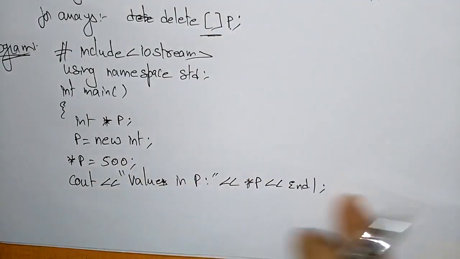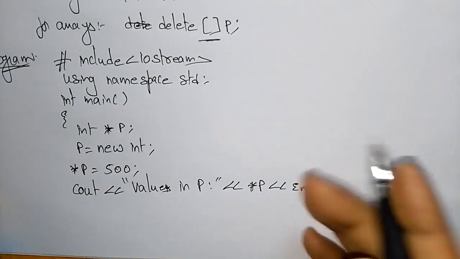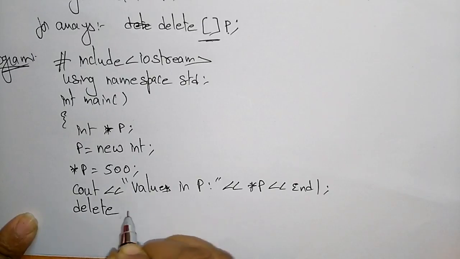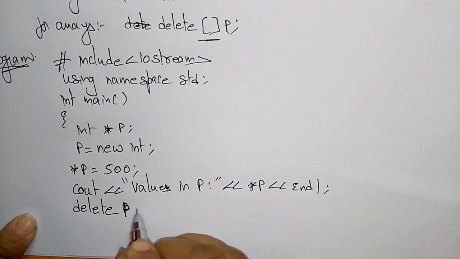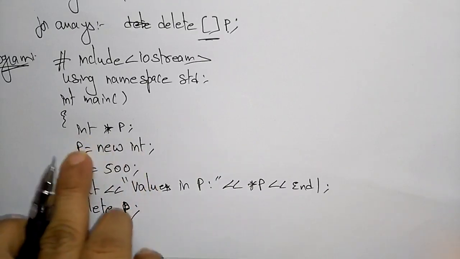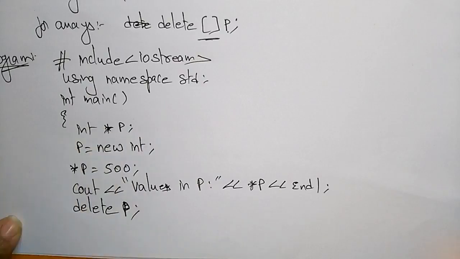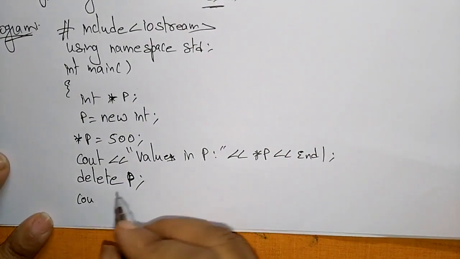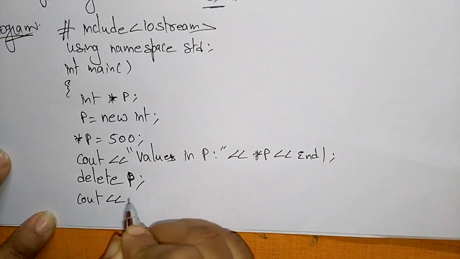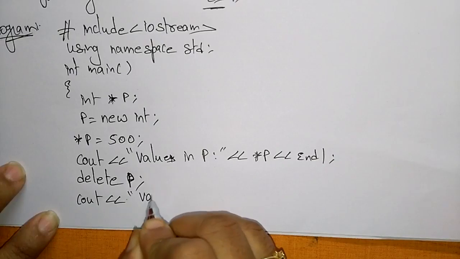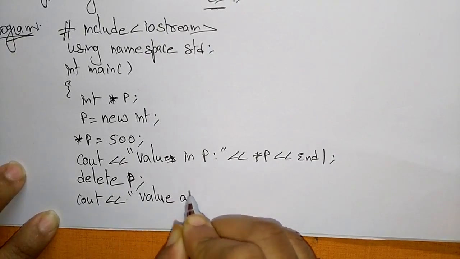Now I want to delete that memory location. How will I delete it? Just use the delete operator: delete p. Delete p means this memory will be deleted. After deleting, you just see the value. You won't find the value in that memory. So cout "value after delete".